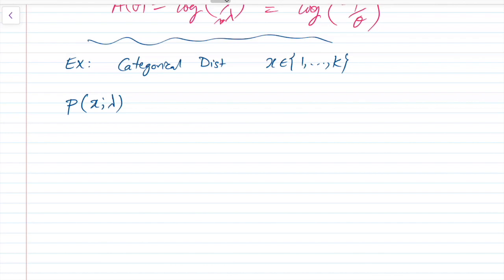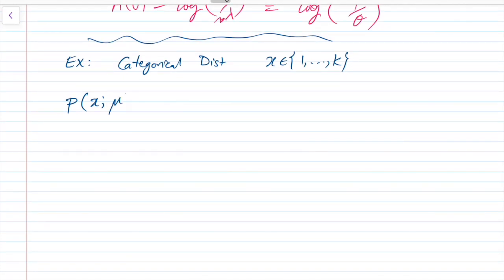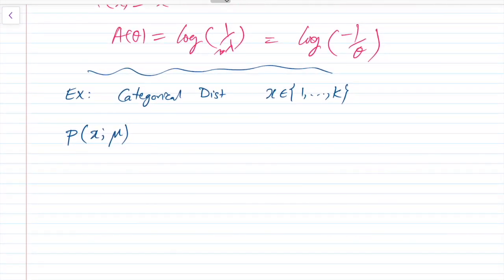Let's say that mu is a normalized vector of k dimension, and they all sum to 1. So mu_k is the chance of p(x equal to k). They sum to 1. Okay.